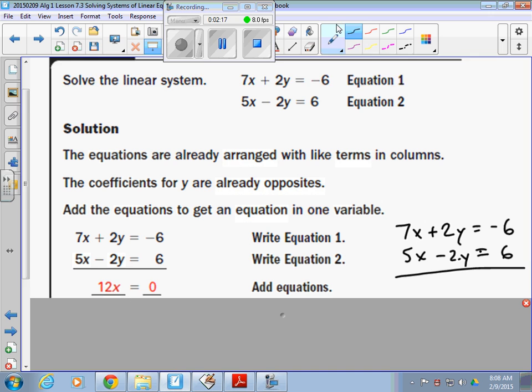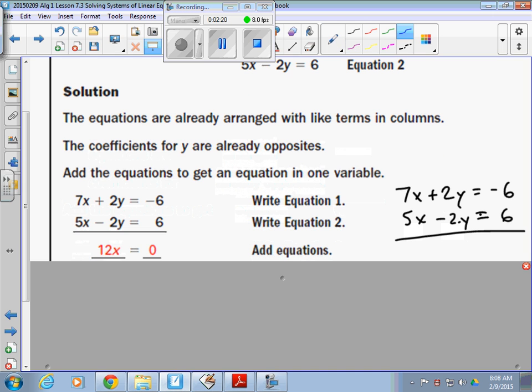When you combine those two, 7x and 5x gives you 12x, and that's what it says over here. 2y and negative 2y eliminates. That's what you were trying to do when you put those two together. That's why we talked about opposite terms when we started this morning. And when you combine negative 6 and positive 6, you get 0. That just eliminates by coincidence. That wasn't the one we were trying to eliminate.